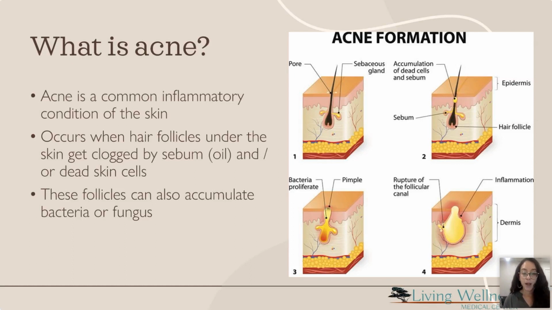That's where our body naturally produces that sebum and that oil to help hydrate our skin. But what can happen with acne is that either there's too much sebum being produced, or it's getting clogged in that pore. And so it gets clogged, that allows bacteria to proliferate, and then you'll see that rupture of the canal, and you'll see that inflammation on that layer of the skin that we can visually see.